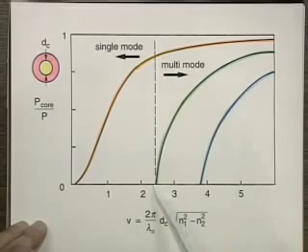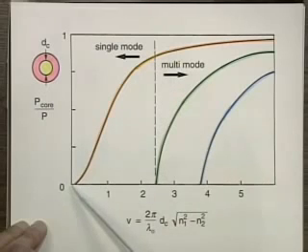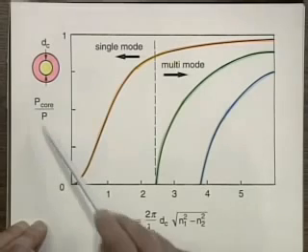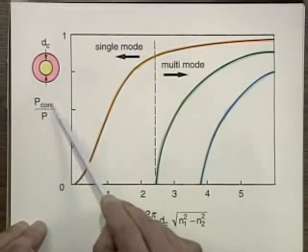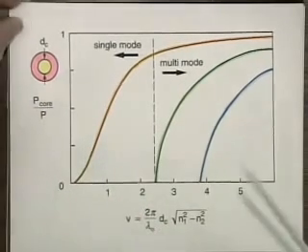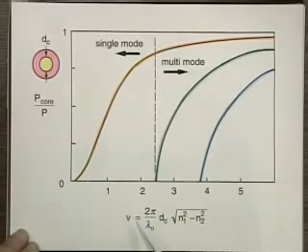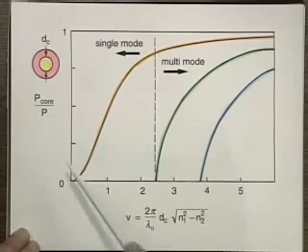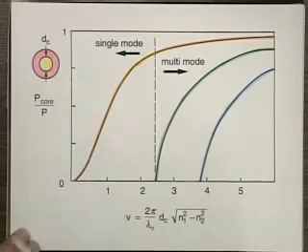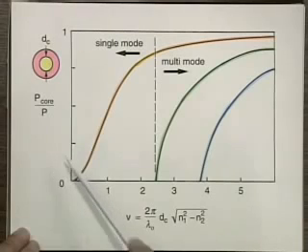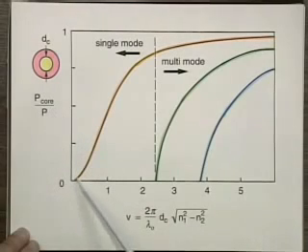So again, for V number below this 2.4 or so, for single mode operation, it turns out that when the V number is very, very small, most of the light, I'm plotting here power in the core over the total power propagated through the fiber, then it turns out when the V number is very small, even the single mode propagates more in the cladding than the core. Okay, because the ratio of P core to P is very small.